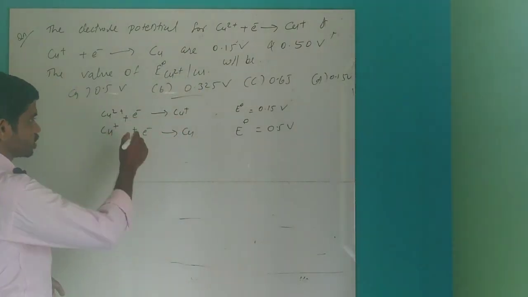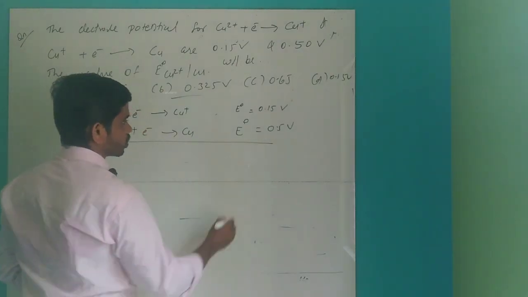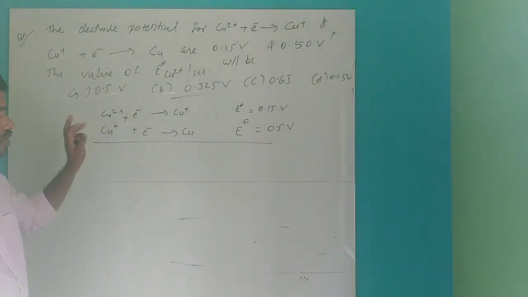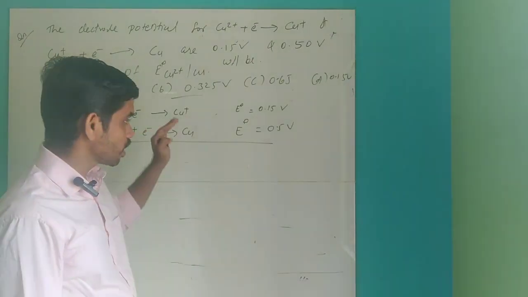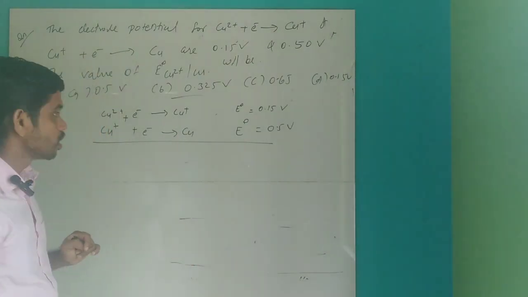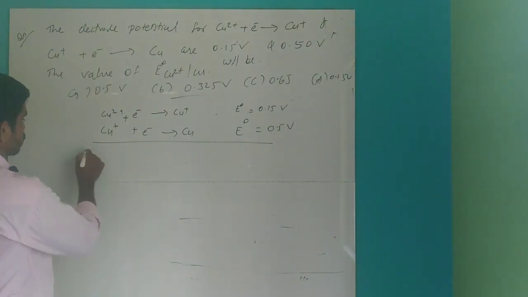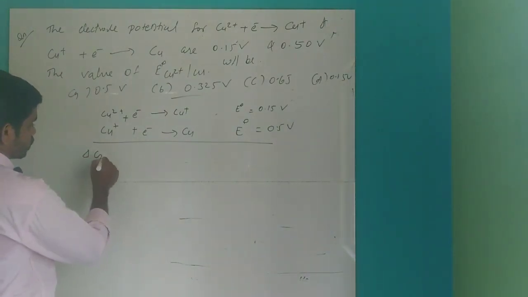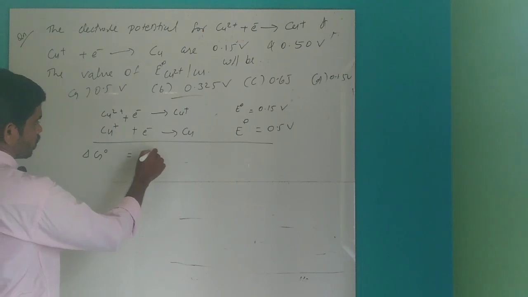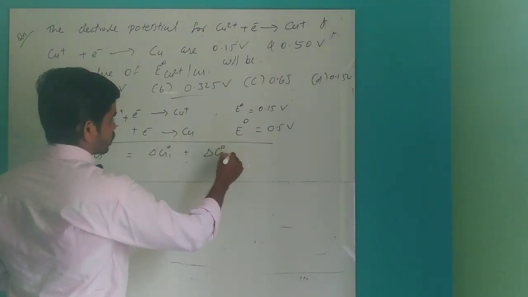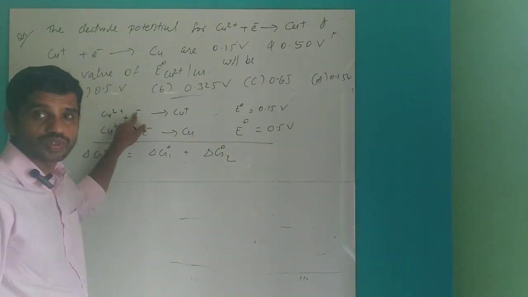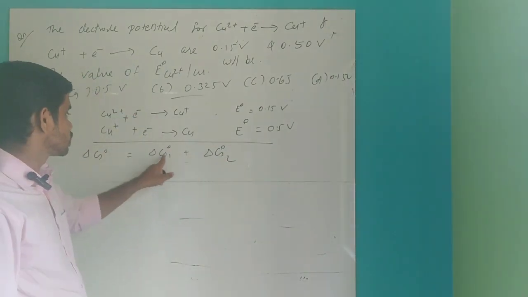So if you add these two equations, you will get the value. Okay, right? But directly we can't add. So we are taking delta G0 is equal to delta G01 plus delta G02. So this reaction corresponds to the first one and this is the second reaction.